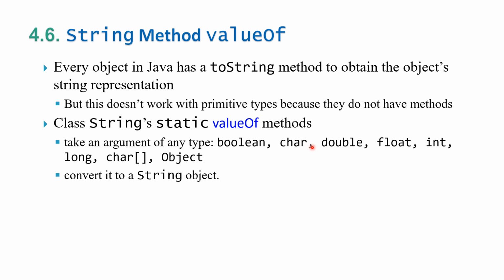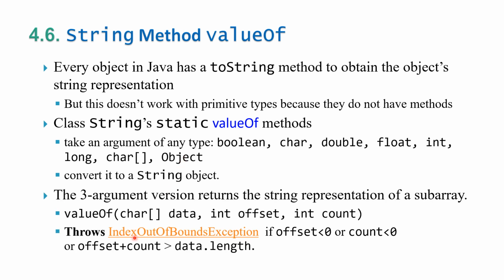Those 8 versions correspond to these 8 parameter types, including 6 primitive types, the char array type, and the object type. There is also a version of method valueOf that takes 3 arguments, including a char array argument and 2 int arguments, namely offset and count.